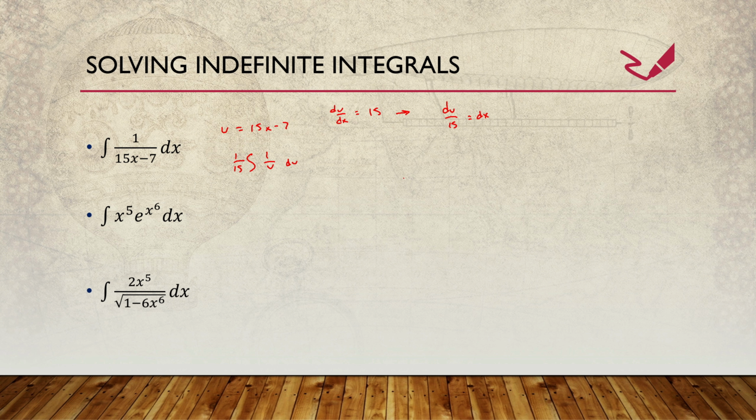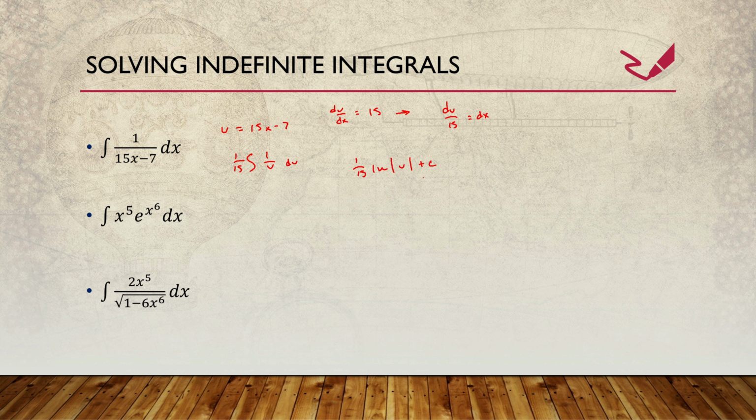The integral of 1 over u is the natural log of the absolute value of u. So we'll have 1 over 15 natural log of the absolute value of u, plus c. Plus c is your constant, and that will be used a lot whenever you're doing indefinite integrals.